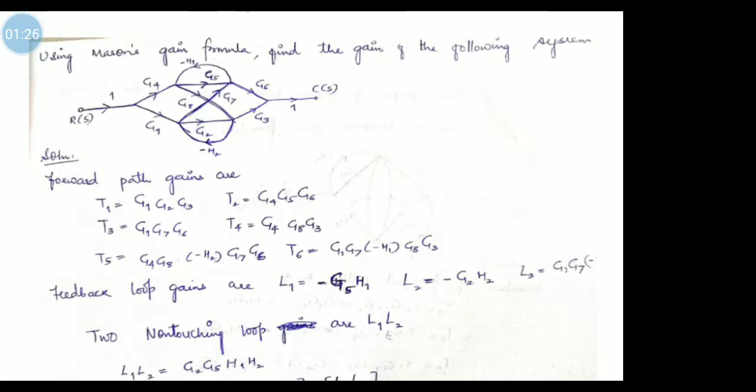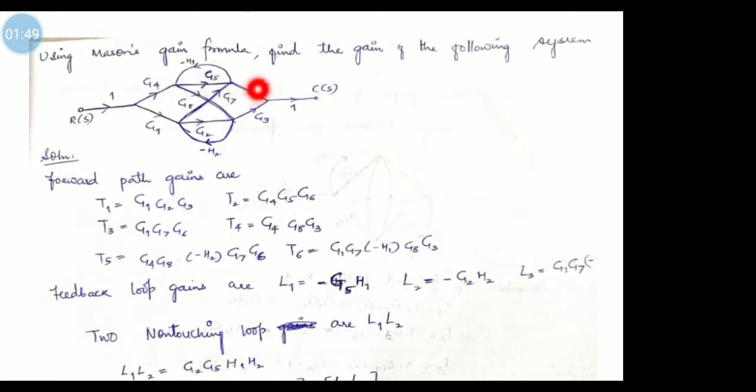Next, T2 is G4, G5, G6. The third forward path T3 is G1, G7, G6.